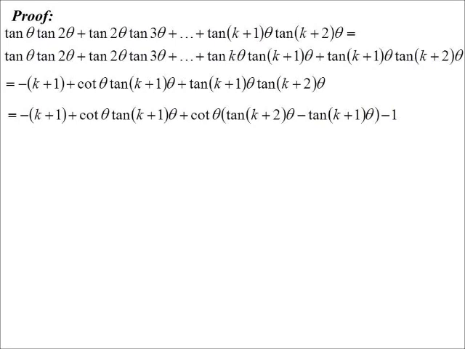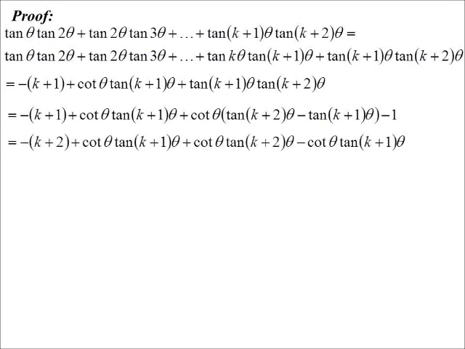That's going to allow me to tidy up a little bit, because if you notice now, I've got a plus cot theta tan k plus 1, but when I expand out this one, I'll get a minus cot theta. So that's going to eliminate those two terms. And I've also said, well, minus k plus 1 minus 1 gets me the minus k plus 2 that we're looking for. So I've ended up with minus k plus 2 plus cot theta tan k plus 2 theta.